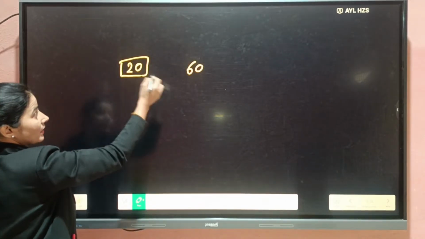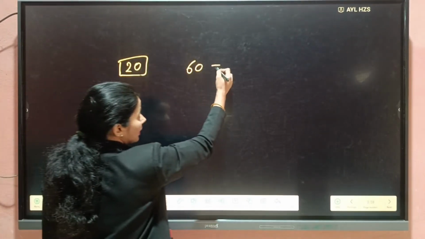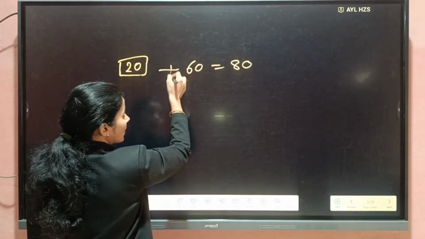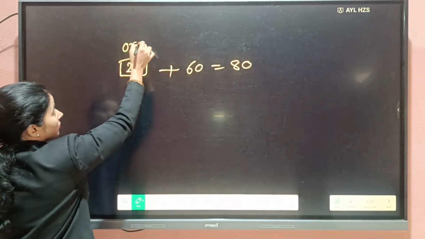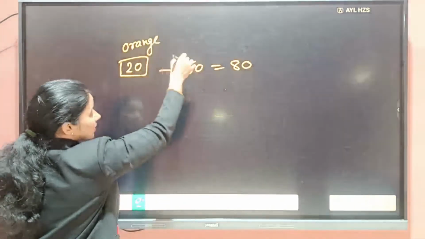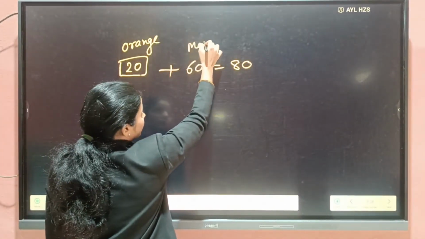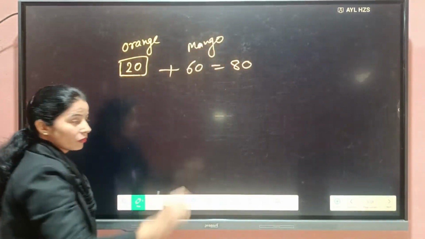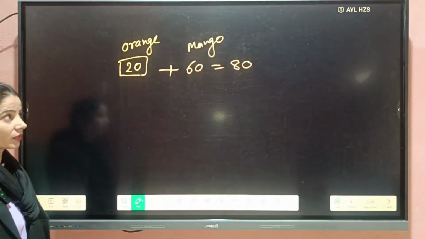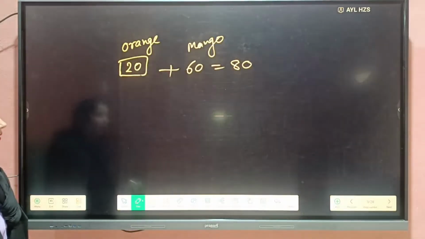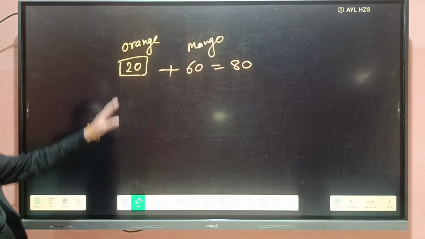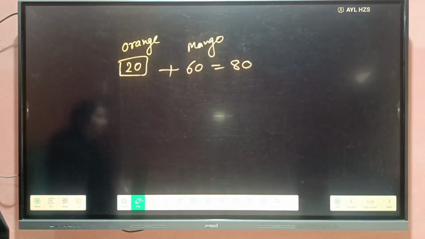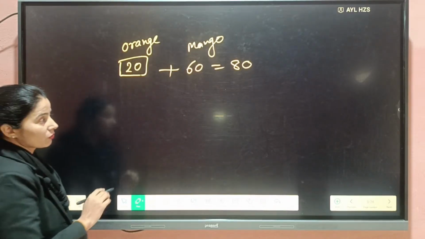Total fruits will be 20 plus 60, that is 80. We want to find out what percent of the total 80 is orange.